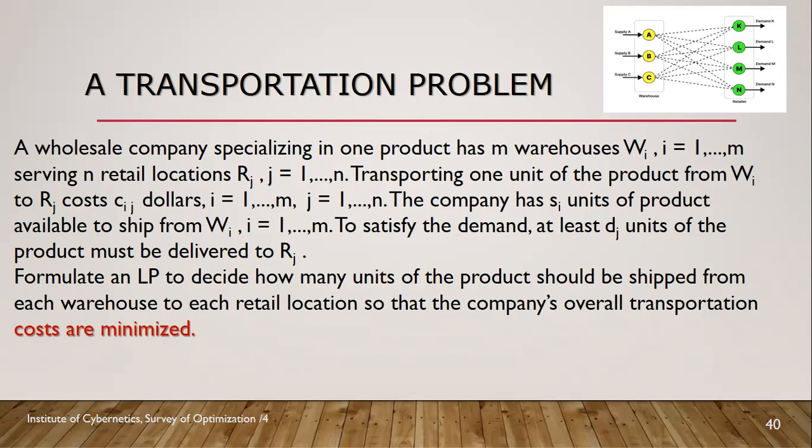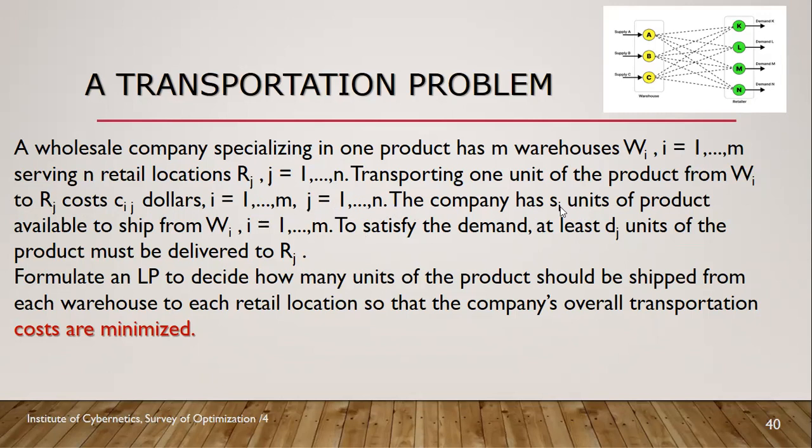A wholesale company specializing in one product has M warehouses denoted as W sub I, where I varies from 1 to M, serving N retail locations denoted as R sub J, where J varies from 1 to N. N is the number of retail locations. Transporting one unit of the product from warehouse I to retail location J costs C sub IJ dollars, where I varies from 1 to M and J varies from 1 to N.